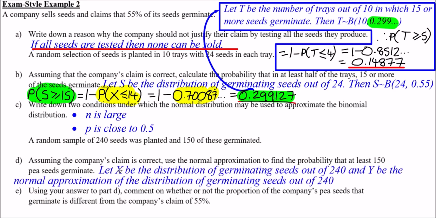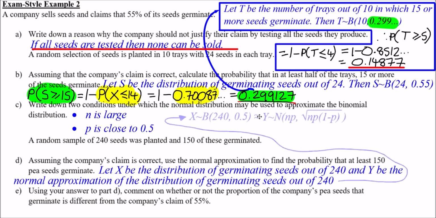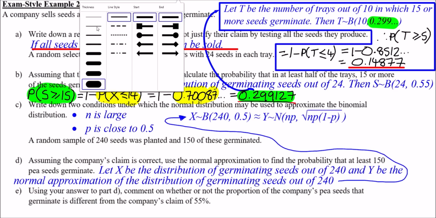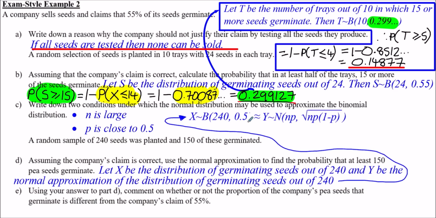So if I call X the distribution of germinating seeds out of 240, the actual exact distribution would be binomial, and we're going to let big Y be the normal approximation to the binomial distribution of germinating seeds out of 240. Then we can say, if X is exactly binomial, 240 seeds, probability of one germinating being 0.55. My mistake, I apologise, that should be 0.55, not just 0.5.